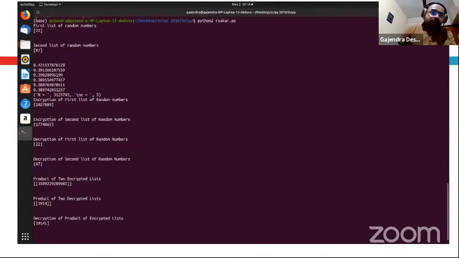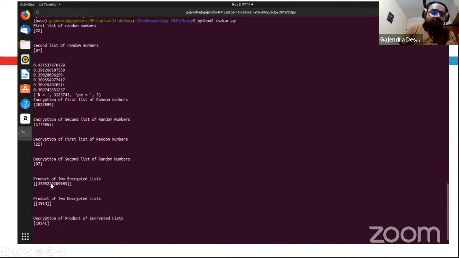Now this was the Python code output which we had written, and you can see here a small example. Two random numbers were generated, 22 and 87, and when we encrypted them, it generated two encrypted numbers. Then when you decrypt the encrypted numbers, we are getting the same result. Now you can also see here the product of two encrypted lists.